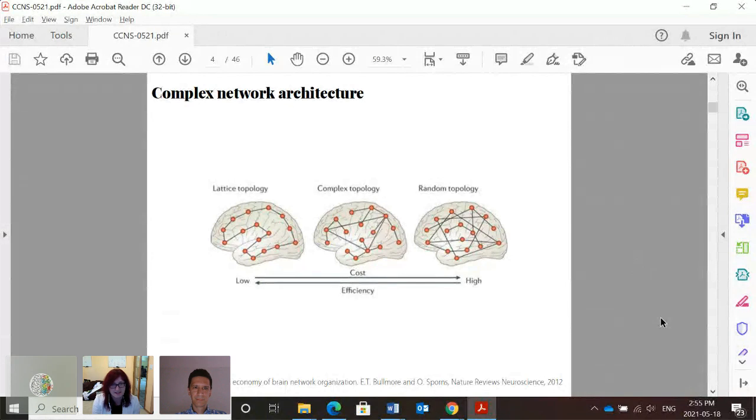We see the same patterns time and again, as Bratislav already pointed out to you. And this type of network exists in a space where there's a reasonably high efficiency and a suboptimal cost, but the trade-off is that you get a better efficiency for it. So we know all of this about healthy brain networks, which then allows us to start asking about unhealthy brain networks. Next slide.